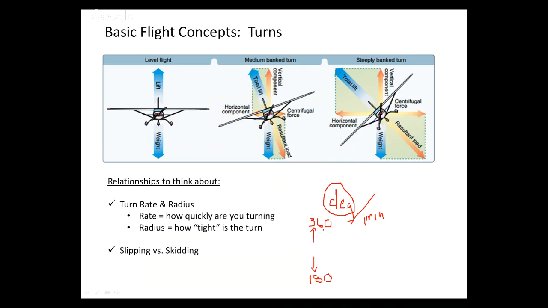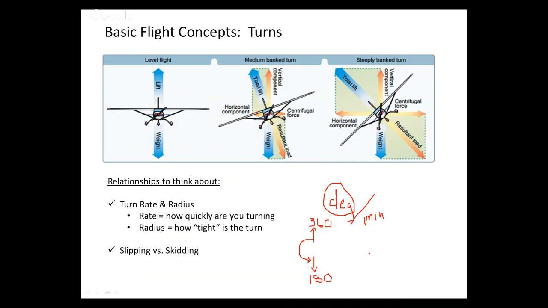90 and 270. So if you're traveling north and you execute a left-hand turn and start traveling south, if you complete that turn in 1 minute, then your rate was 180 degrees per minute.